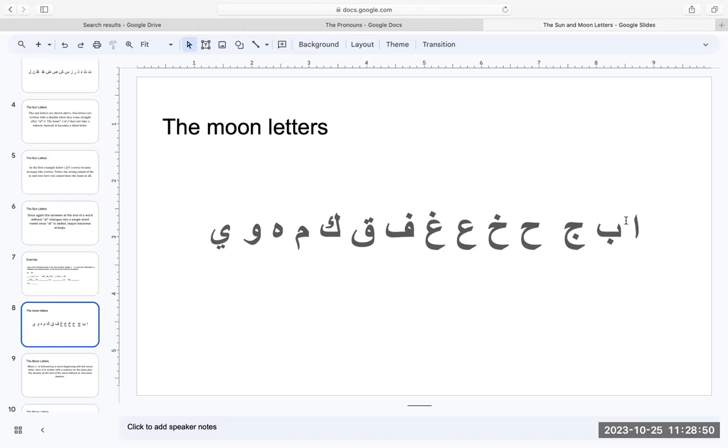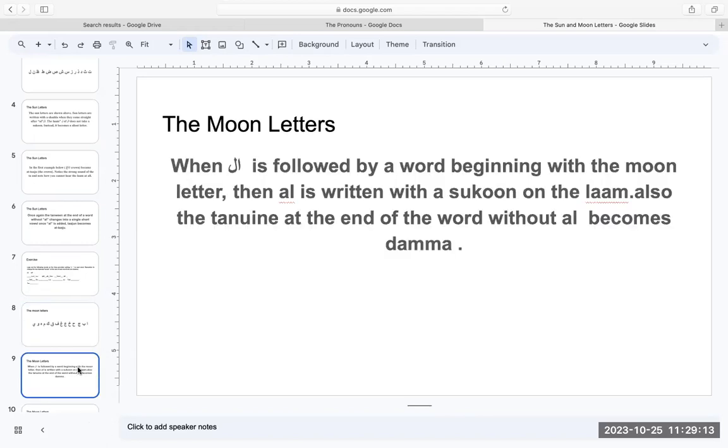You will not double it like with the sun letters. The lam will be pronounced, like Ahmed, al-Ahmed, Bab, al-Bab, Jamal, al-Jamal. You hear the lam very clearly.